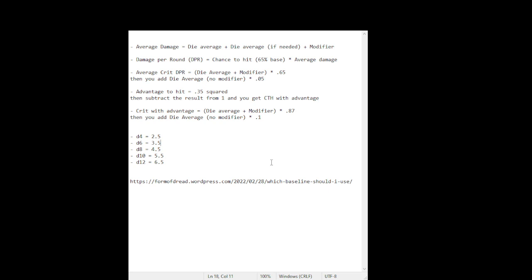But in general, this is what you're going to be using if you're trying to figure out the DPR of your class, how it fares with crits, without crits. Obviously, if your crit chance increases in another way, your crit chance is going to keep getting higher. So if you're a champion fighter and you get an increased chance to crit, you're going to have a higher crit chance, obviously. So you're going to go from 10 to 15 with advantage, and then you're going to be going from 15 to 20 later on in levels.